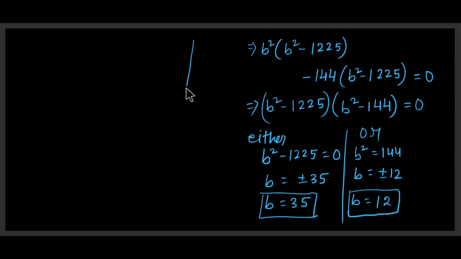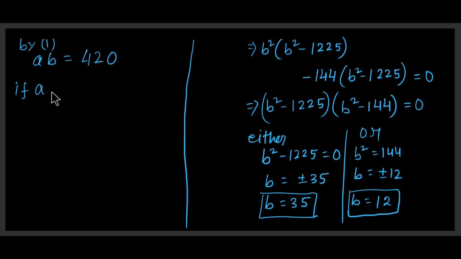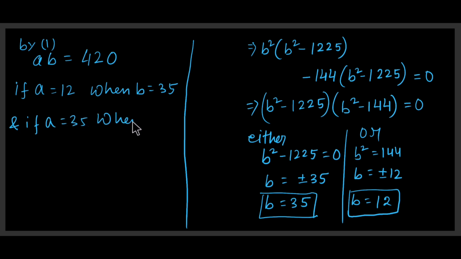So we have the result, that is ab is 420 by 1. So a is 12 when b is 35, and a is 35 when b is 12, so we can find the perimeter of the triangle.